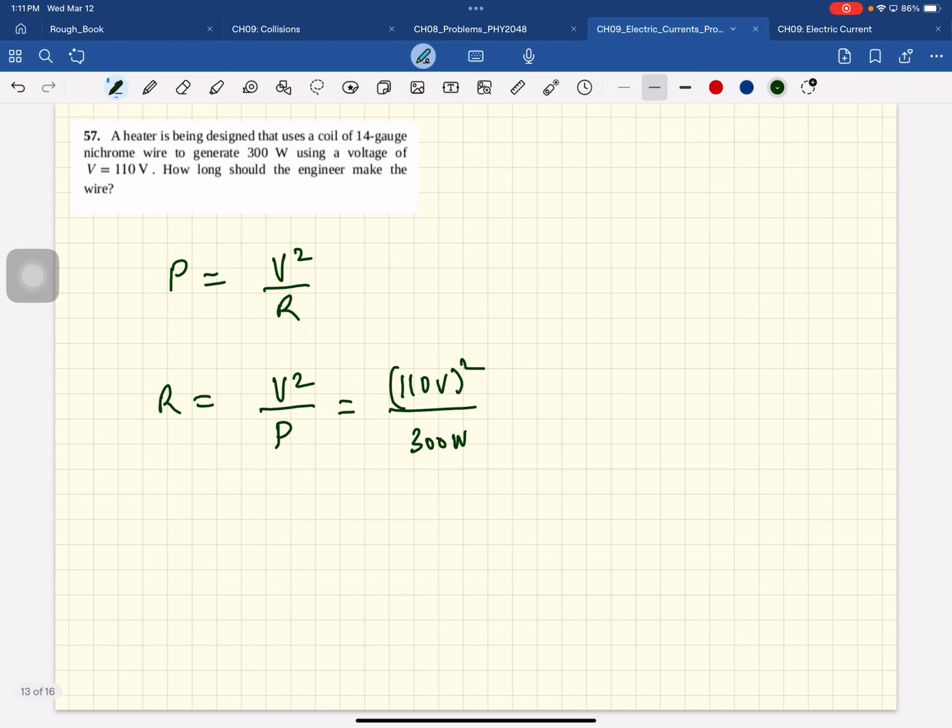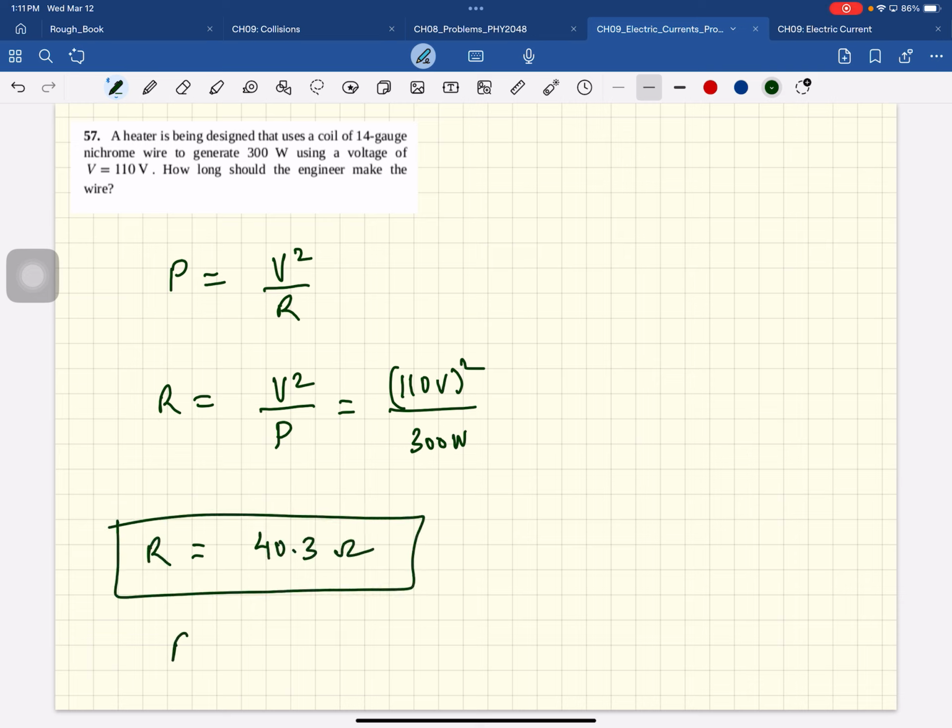Okay, and so the resistance of the wire you want is 40.3 ohms.